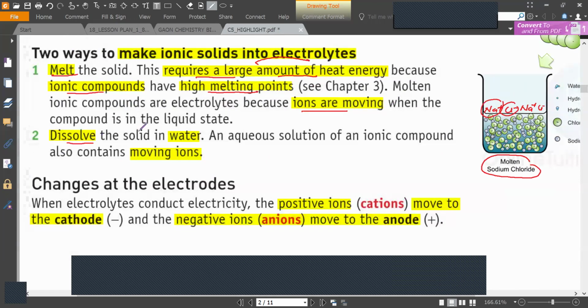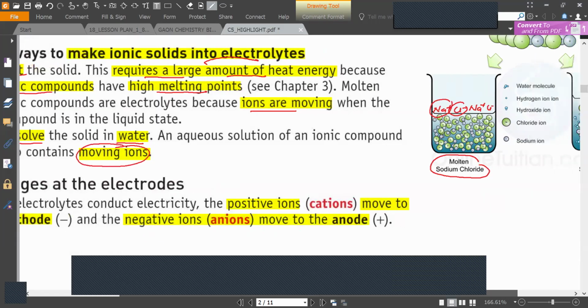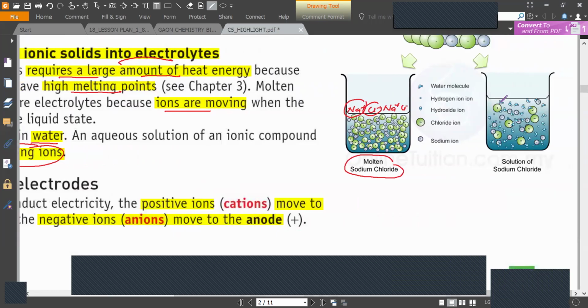Next, dissolve in water. It also contains moving ions. So the second way, we can dissolve in water. Now we have the sodium chloride, sodium ion and chloride ion, and then we also have the water molecules, and also the ions from water.